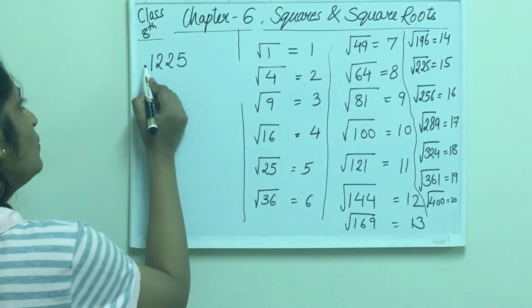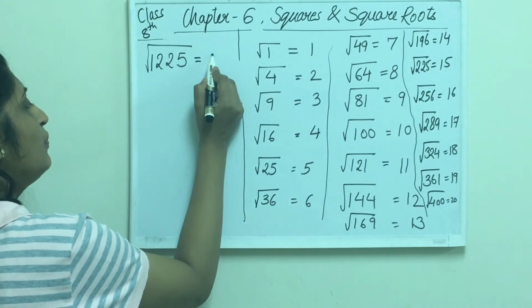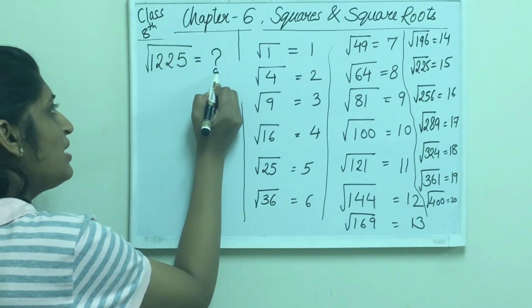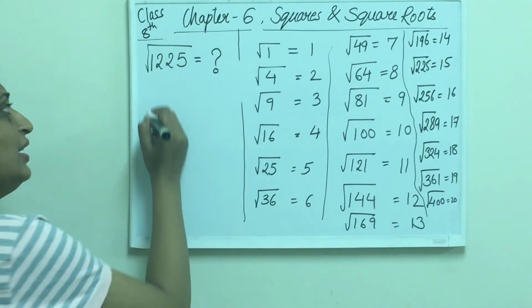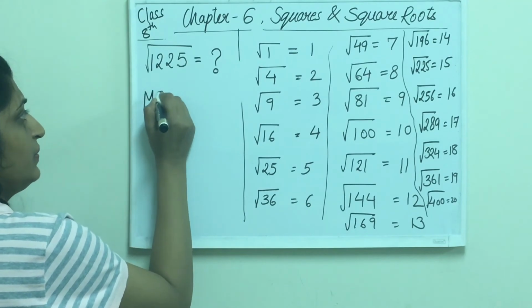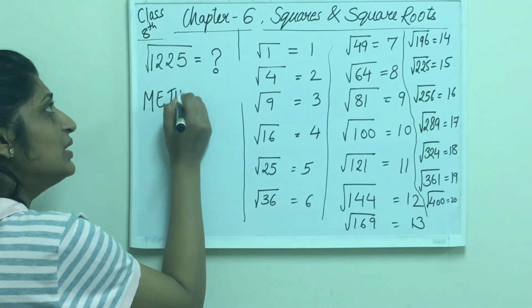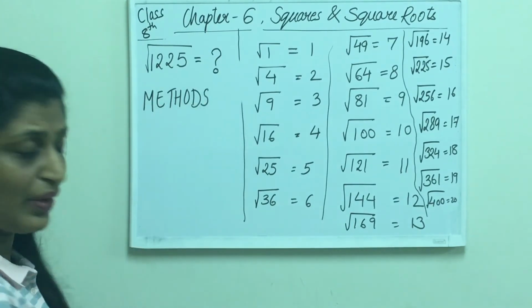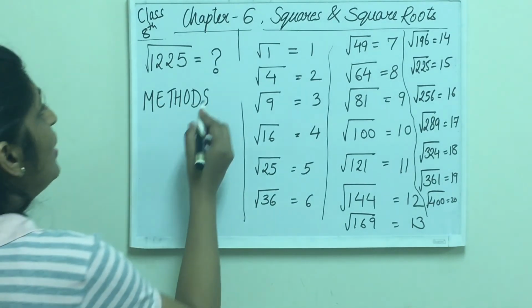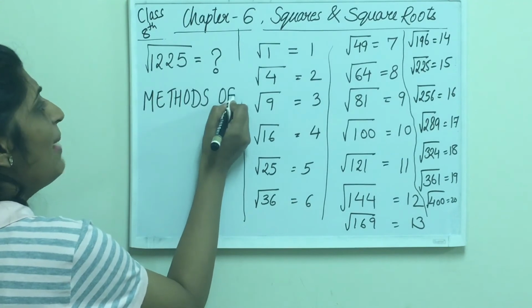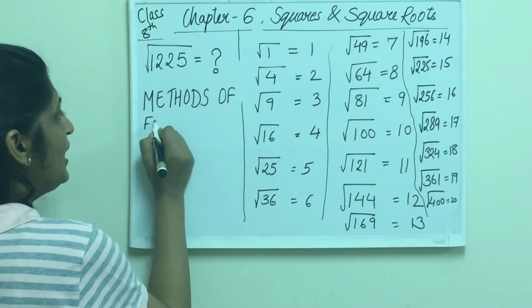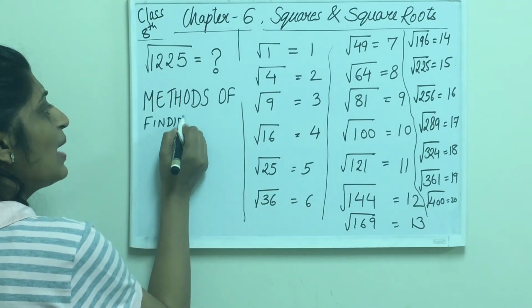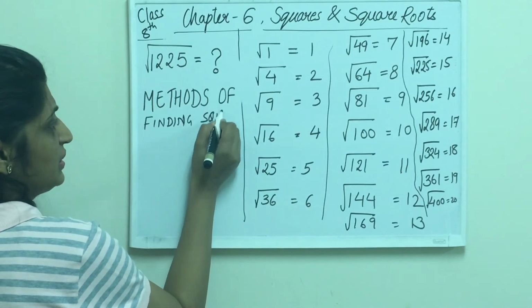If I ask you what is the square root of 1225, then how will you solve it? What are the methods to find square roots? So here we will be seeing methods of finding square roots.